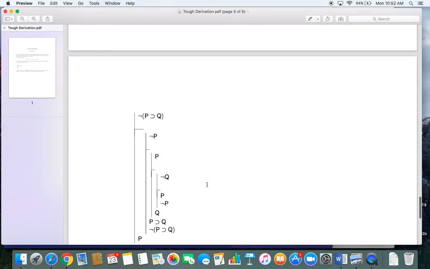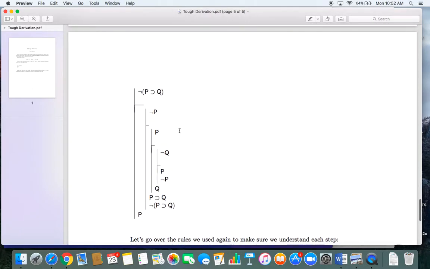Okay. So here's the completed proof. From the assumption that it's not true that if P then Q, we assume not P in order to start off a negation elimination, which will ultimately conclude that P. Then we assume P with the goal of producing this sentence, if P then Q, by horseshoe introduction.